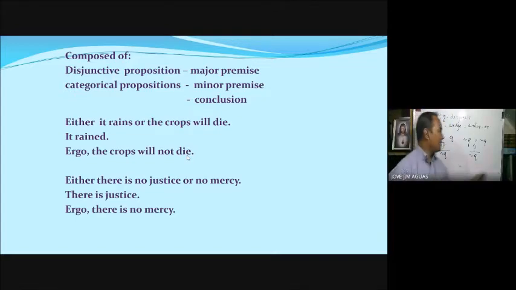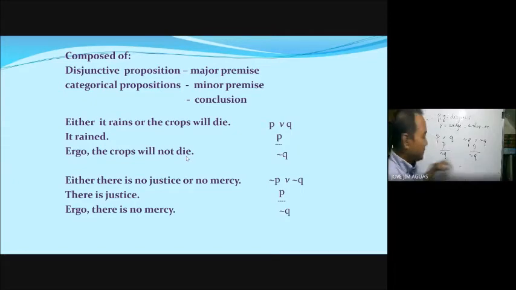So this is the schema of that argument. I think that's pretty easy. Now let us go to the rules. I'm showing you the schema, so you can see that in your PowerPoint.